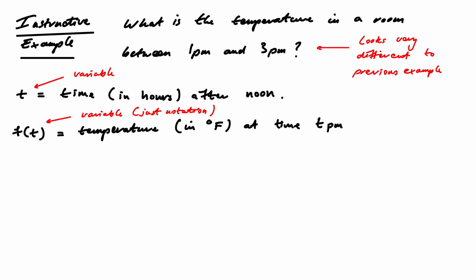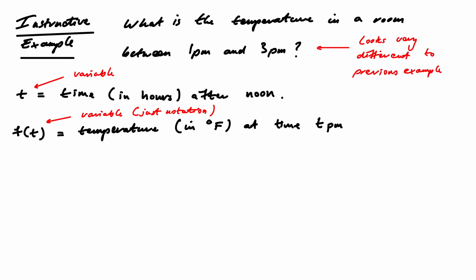Okay? And something to say here, kind of immediately. This f of t isn't necessarily going to be given by a nice simple formula in t, is it? Right? It's not necessarily going to be the case that the temperature at time t is t squared plus 1, right? Something simple like that. We know the world is much more complicated than that, and the way the temperature is going to change over time could just do all sorts of weird and wonderful things.